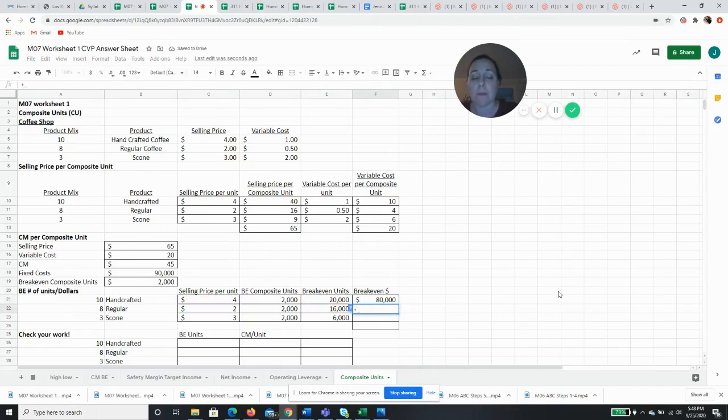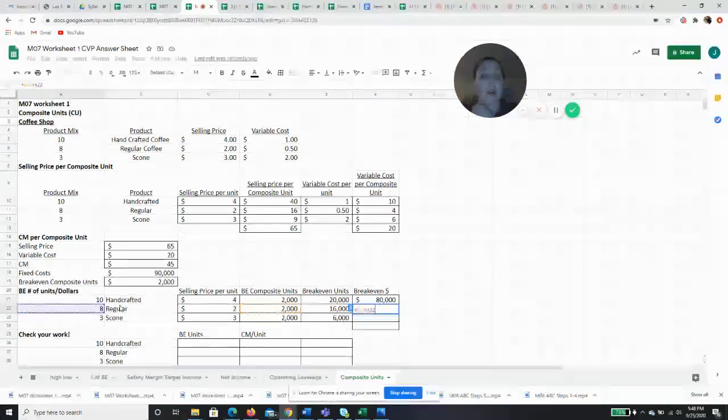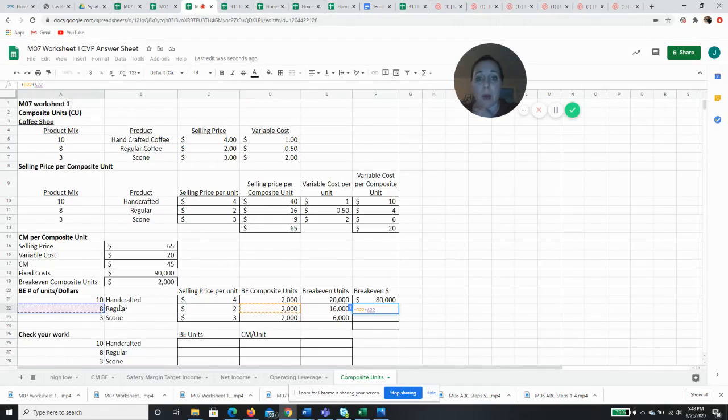Or I can multiply my break-even composite units times the number of regular coffees in one composite unit times the sales price. 32,000, that looks a lot better.